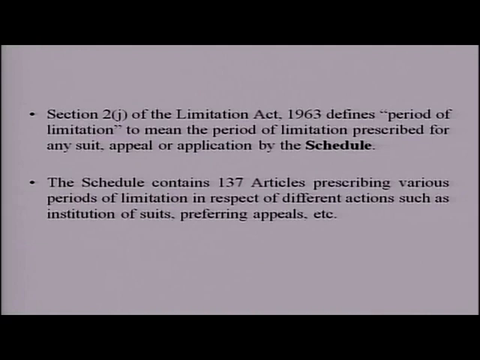In the schedule, we have 137 articles prescribing various time periods for different kinds of suits and also for appeals, and also in these suits there are different categories of suits, for a tort case, for a contractual dispute, how the timelines are provided in the Limitation Act. For example, the suit for possession of immovable property based on title is 12 years. A suit for compensation for false imprisonment is 1 year.